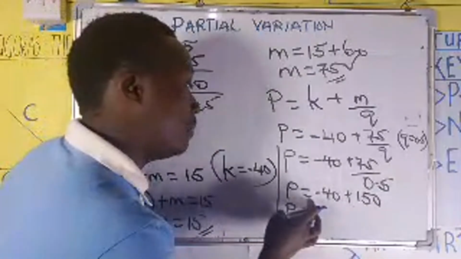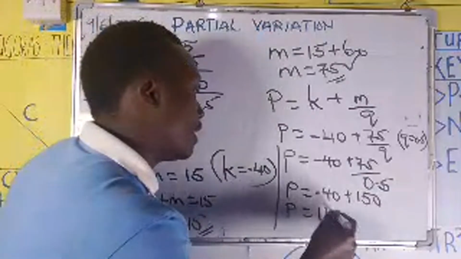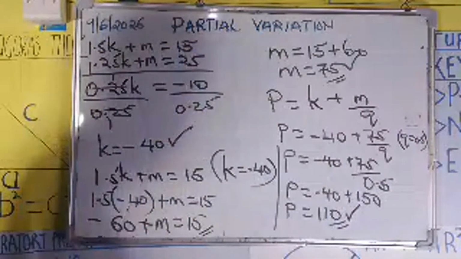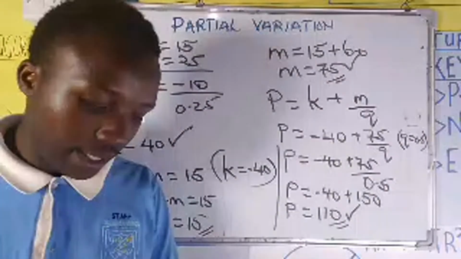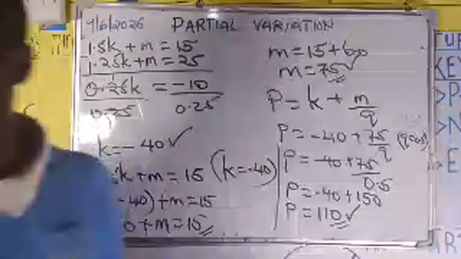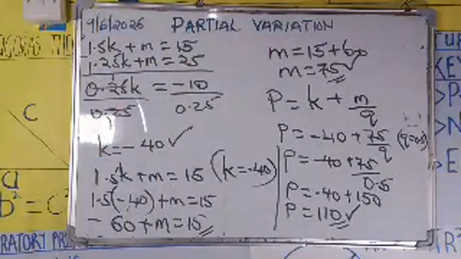Then negative 40 plus 150 will be equal to 110. So our P will be equivalent to 110. And we are done with that question.